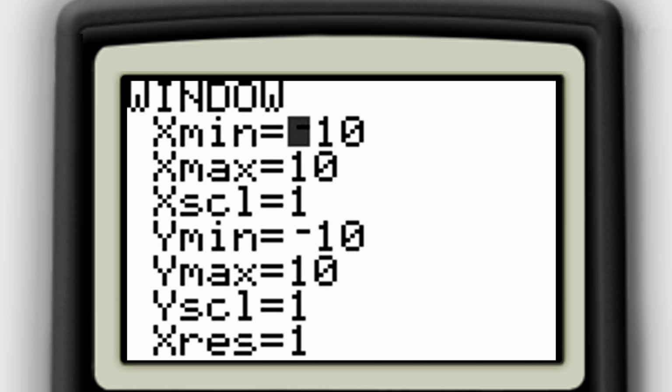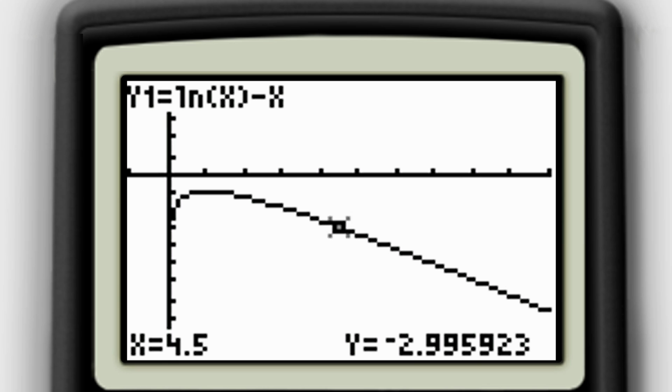To see it better, let's go to window and change the x values from -1 to 10 and y from -10 to 5, because we only need to see the right hand side of the y-axis and below the x-axis. And then graph it again, and you see that there is a maxima, and then the function is decreasing from that point onward.